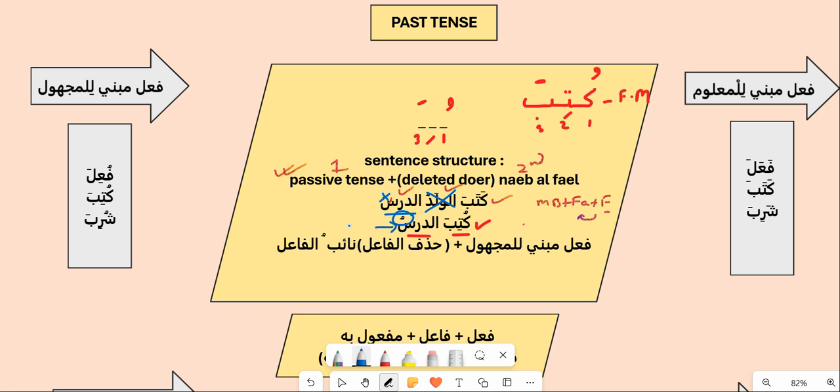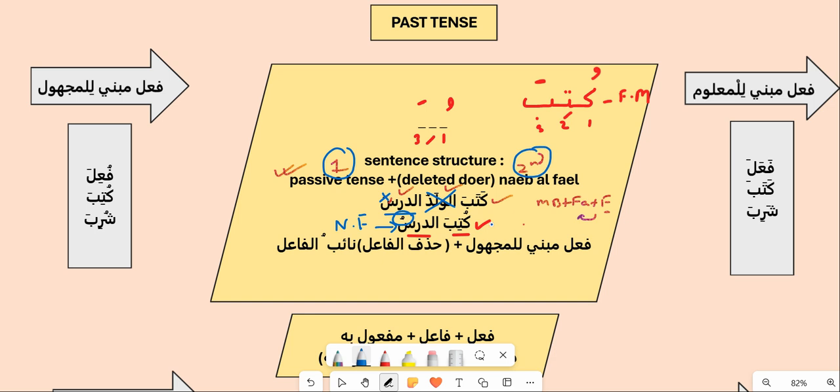And now it has become naibul fail. Why? Now it is representing the fail. So it has taken the dhamma also and lost its fatha. So basically in a majhul sentence, you have two main parts: the passive verb, the first part, and naibul fail, the second part.